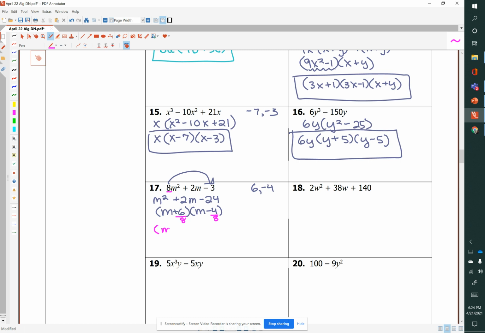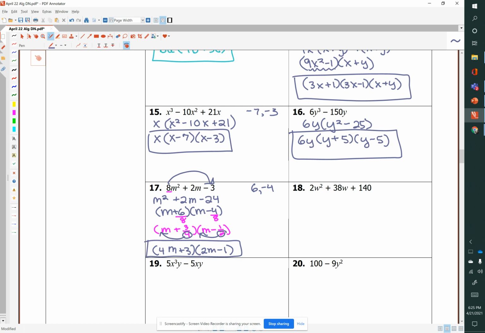And when we simplify, we will have m plus 3/4, m minus 1/2, and now we can slide the 4 in front of the m and the 2 in front of the m, and our final answer will be 4m plus 3, 2m minus 1. That's a slip and slide.